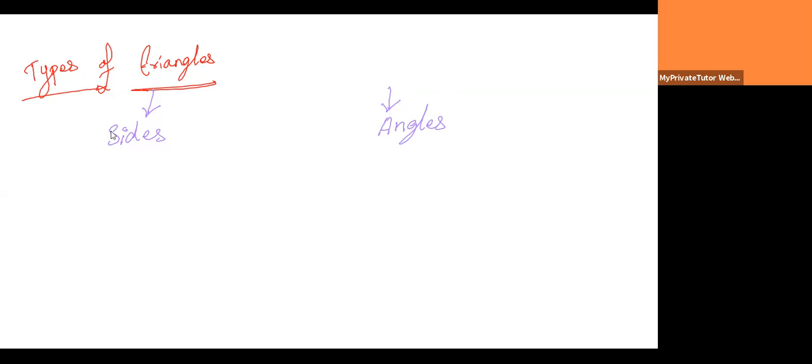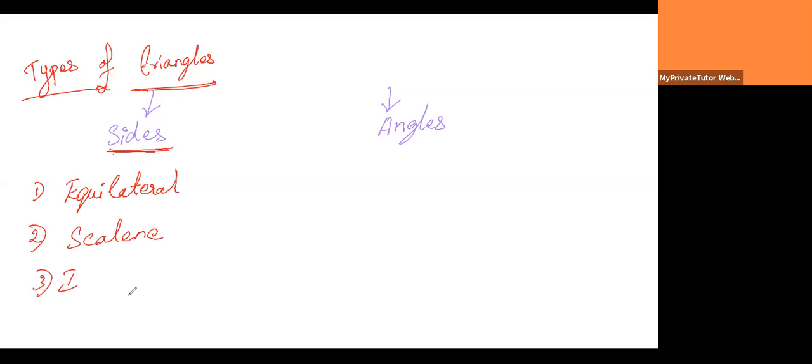Now tell me, what are the types of triangles based on sides? Very good. Equilateral. The second one is scalene, and the third one is isosceles. So only these three types are based on the sides.